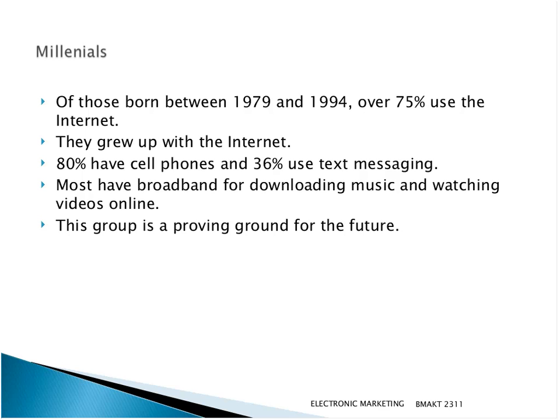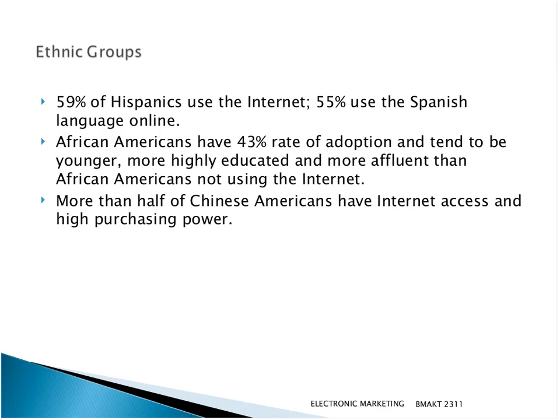If you look at now, definitely cell phone usage is much higher, as well as text messaging. Most have broadband for downloading music and watching videos online, and this group is a proving ground for the future. Because they are very familiar, they don't have technophobia, they're going to end up being much more compatible with the internet and internet usage. So for electronic marketers, this is a very good category.